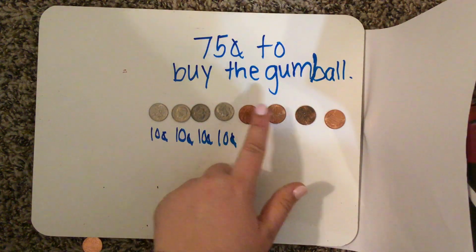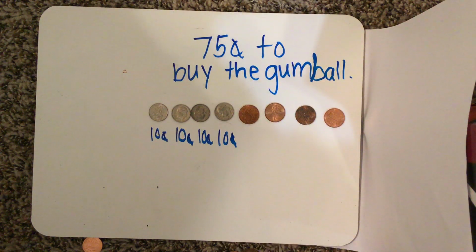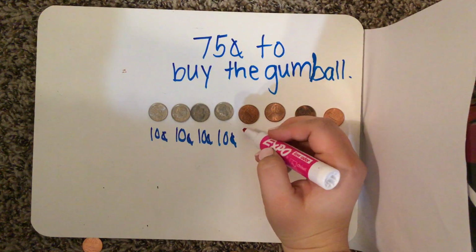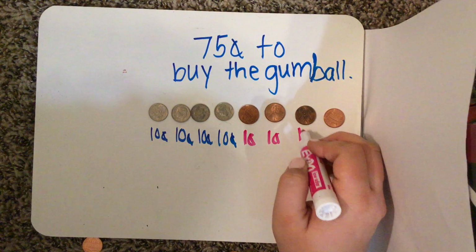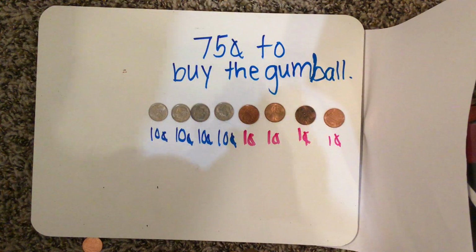But then it switches over to these copper brown circles. What do we call a copper brown circle, everybody? We call that a penny, and a penny is worth 1 cent. So I'm going to count by ones just like I did with those cubes. 1, 2, 3, 4.